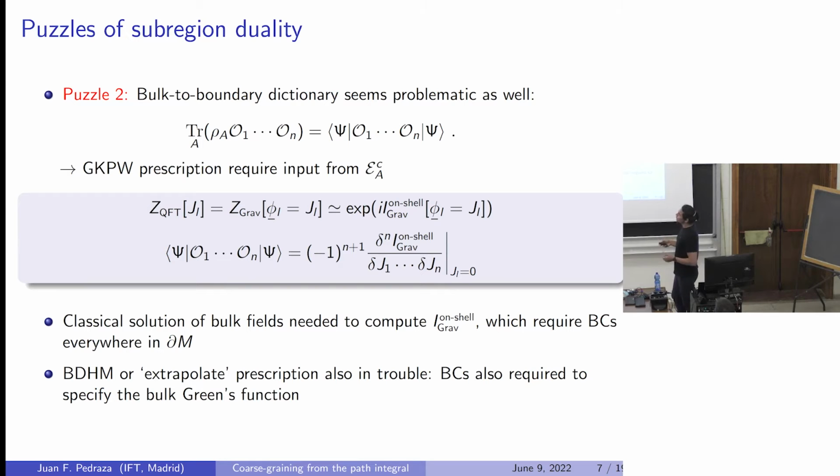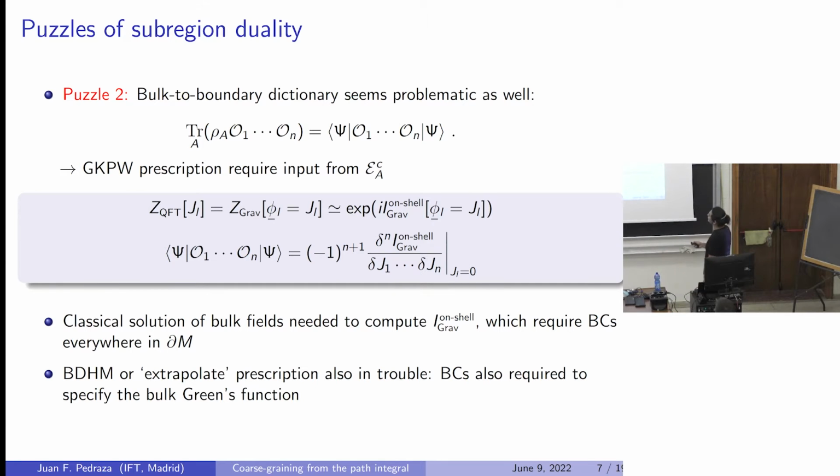However, if you go to your favorite prescription to compute correlation functions in holography, for example the GKPW prescription, it turns out that you require information not only from the fields inside the entanglement wedge, but also from the exterior.